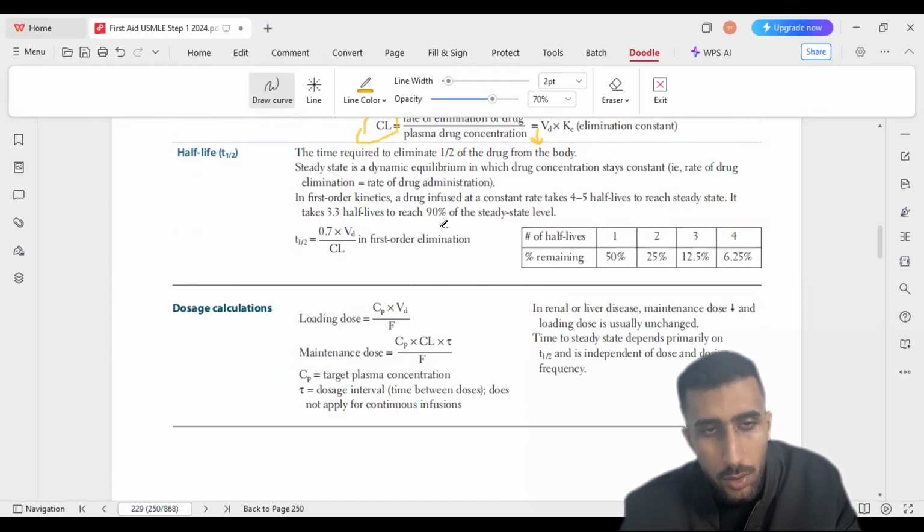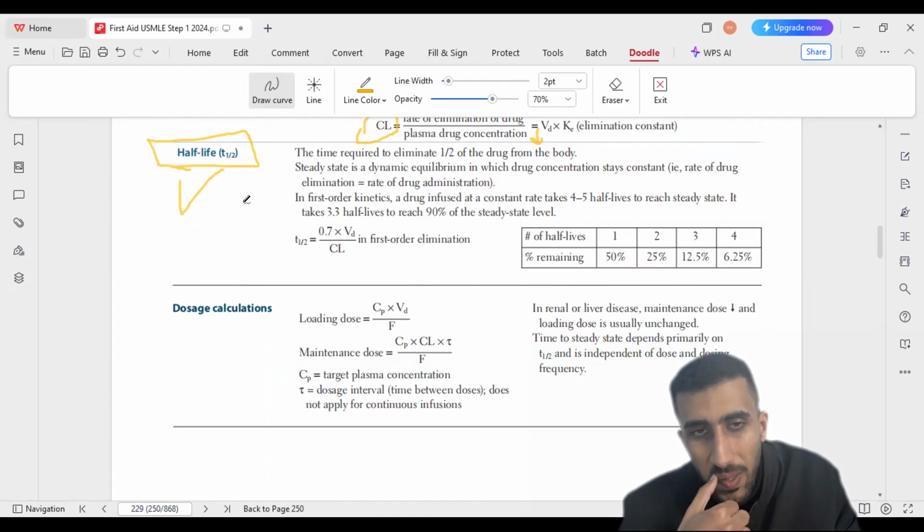Next, a very high yield topic is half-life. The half-life is famously known as T half, and it is the time required to eliminate half of the drug from the body. So you start with the drug entering your body.